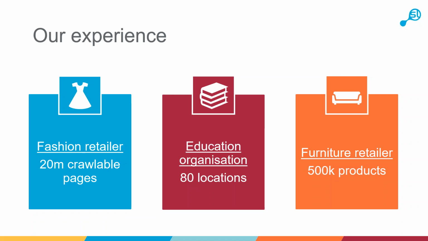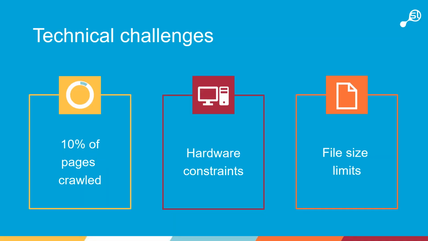So these are the kind of scales where it's really tough, not only for us, but also for search engines to discover the site properly. And what we find, speaking with people from those organizations, is that often only 10% of pages are being crawled to start with. So that only gives you a very surface level understanding of what Google and other search engines see. Obviously, there are other constraints like hardware.